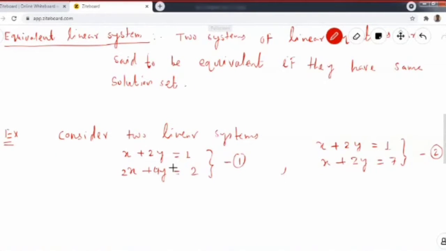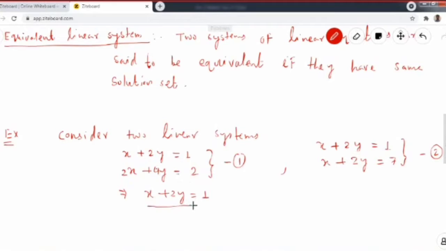If you see the first system, it is called a redundant system, because the second equation is similar to the first equation. So ultimately there is only one equation, that is x plus 2y is equal to 1.